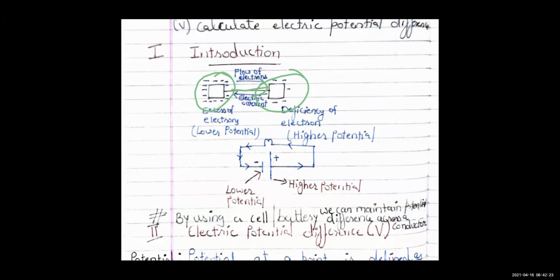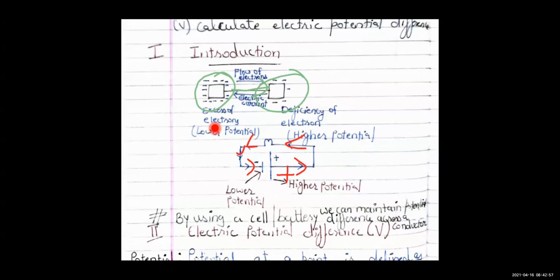So the direction of electric current is from positive of the cell through the circuit to the negative terminal of the cell. Right? So you should remember electric current is from positive terminal through the circuit to the negative terminal. Right? So electric current, it flows from higher potential to lower potential.